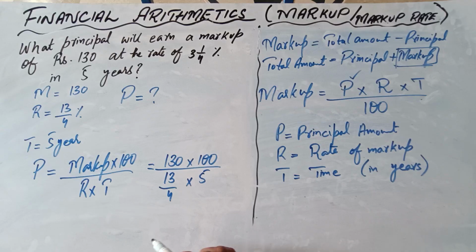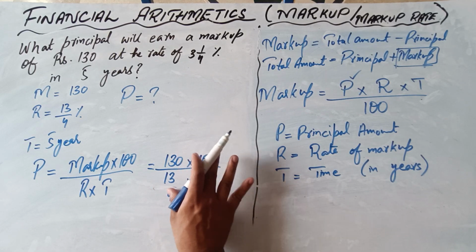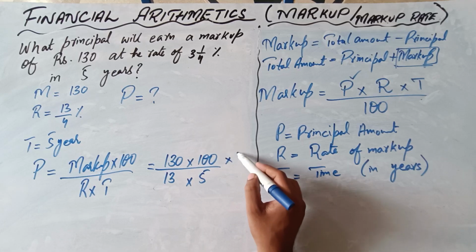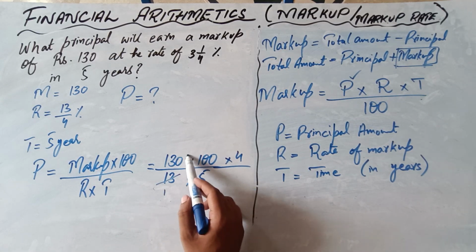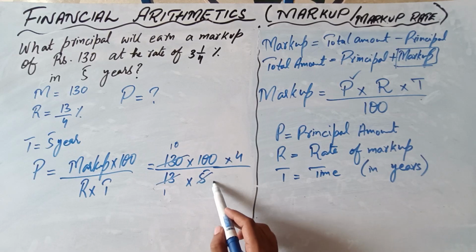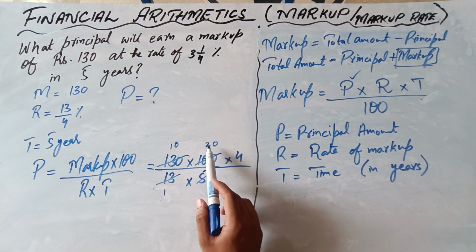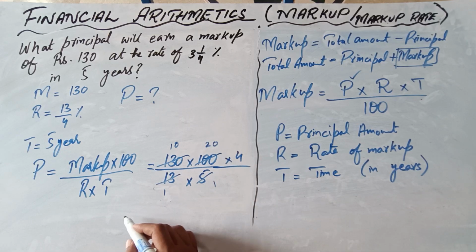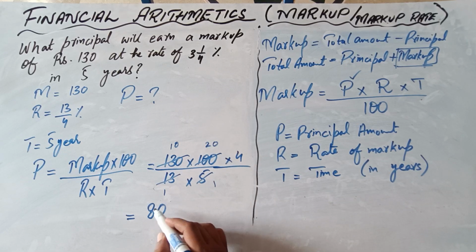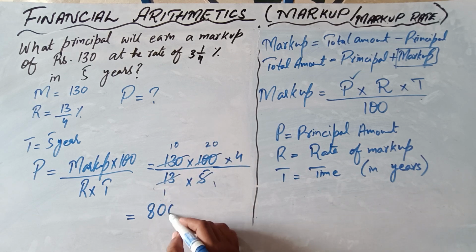T is 5 years. So this will be reciprocal and this 4 will go in the numerator in the next step. So I'm making it in the same step. 13 ones are 13, 13 tens are 130, 5 ones are 5, 20s are. So what would it become? 4 twos are 8, 80. 80 tens are 800.